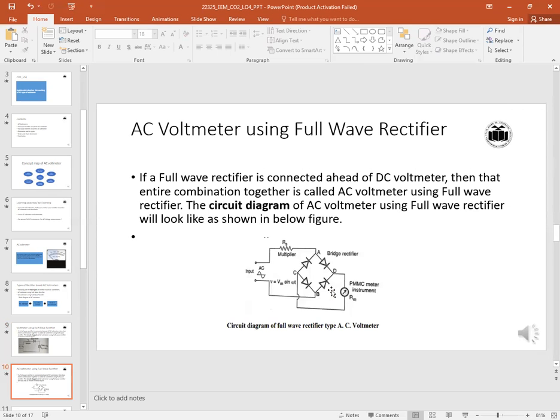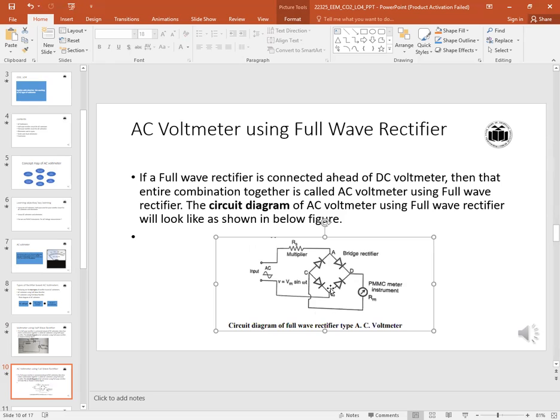Next is the full wave rectifier. This full wave rectifier means what? If full wave rectifier is connected ahead of the DC voltmeter, then that entire combination is called as the AC voltmeter using full wave rectifier.